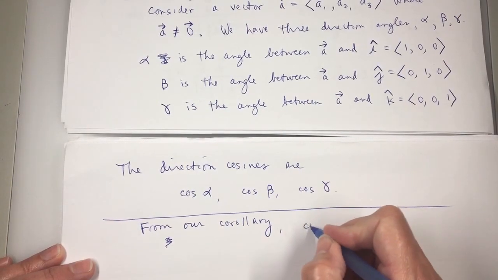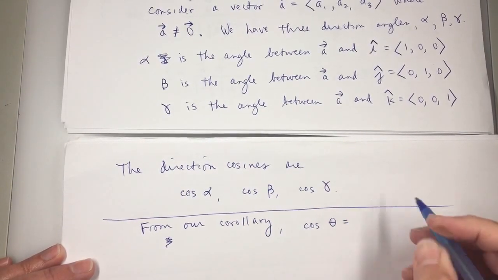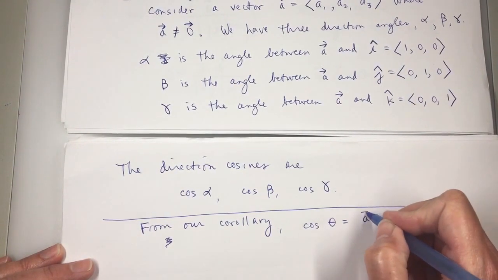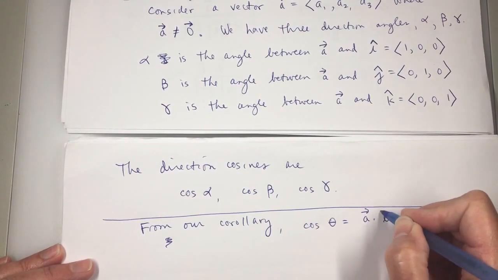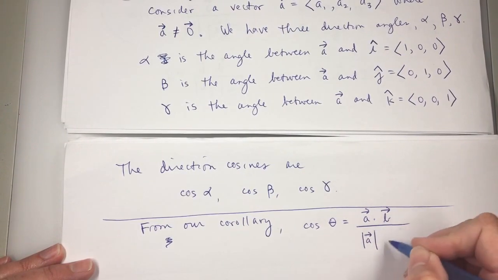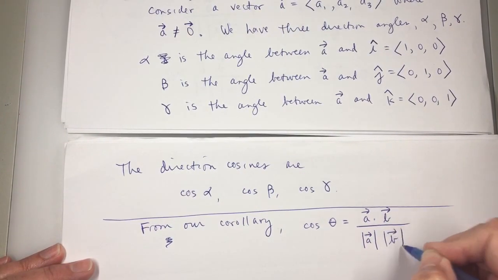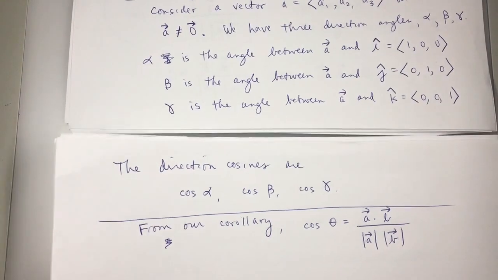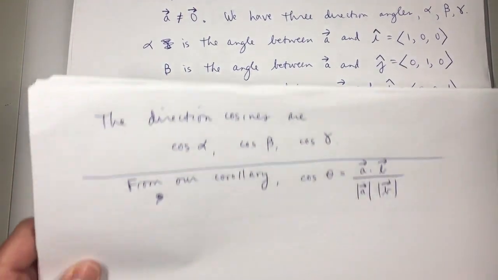We have cosine theta of two vectors A and B: A dot B over the magnitude of A times the magnitude of B, when A and B are non-zero vectors.